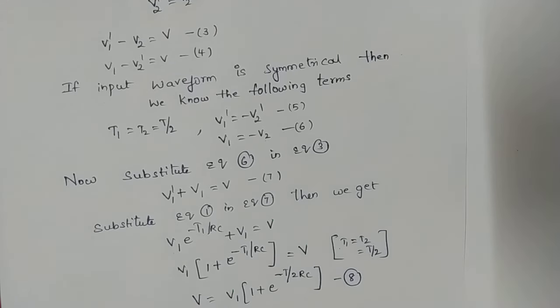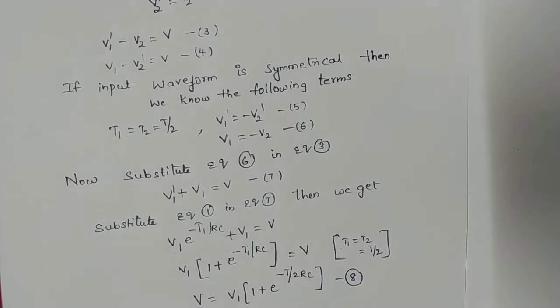This is all about the important terms which are calculated from the output waveform of a square wave when a square wave input is applied. In order to find out how much tilt appears in the output waveform, we have the formula known as the percentage of tilt.